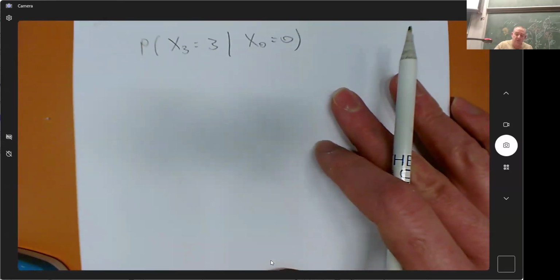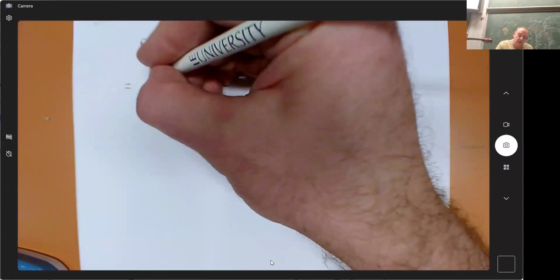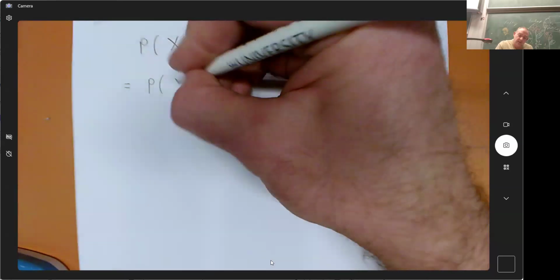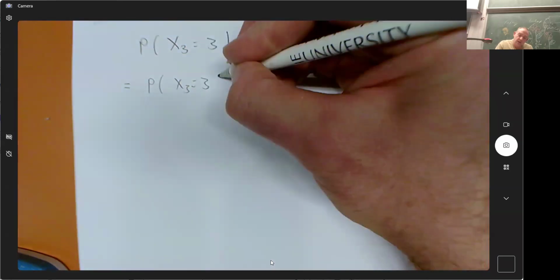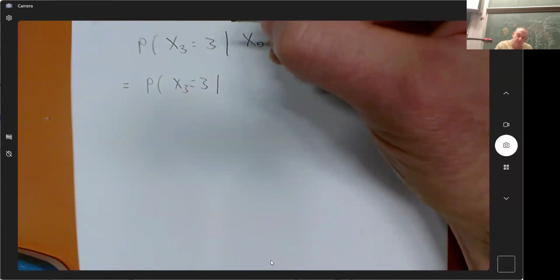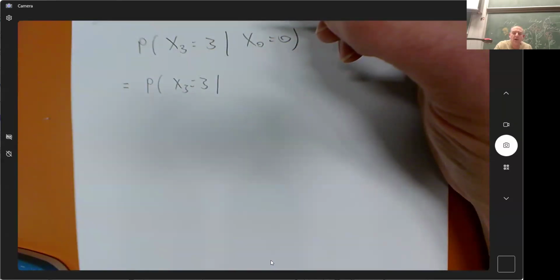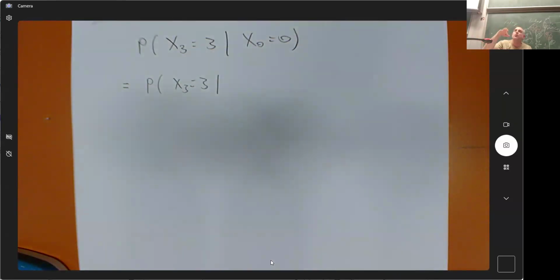But just for the purposes of this, it will be the probability that x3 is 3, given that x2 was 0. So 0 to 1, 1 to 2, 2 to, oh no, that's right.